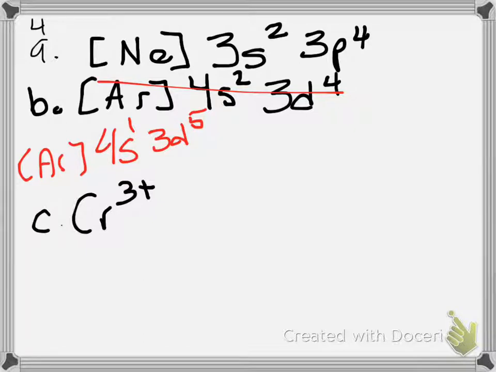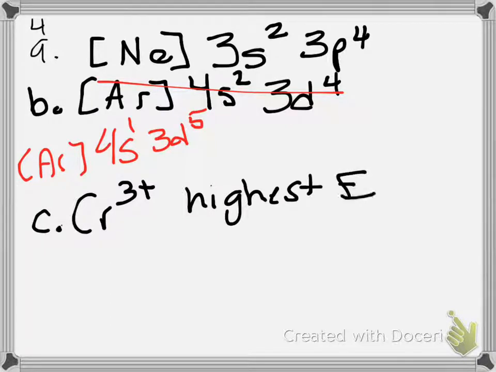Okay, so if it loses 3 electrons, they're going to come from the highest energy level. You can imagine that the highest energy level here is going to be the 4, because we just had a discussion about how the 3d drops down in energy. So the highest number here is what I'm going to lose first. So the first electron to get kicked out is, let's do this in black so you can see it, the 4s electron.